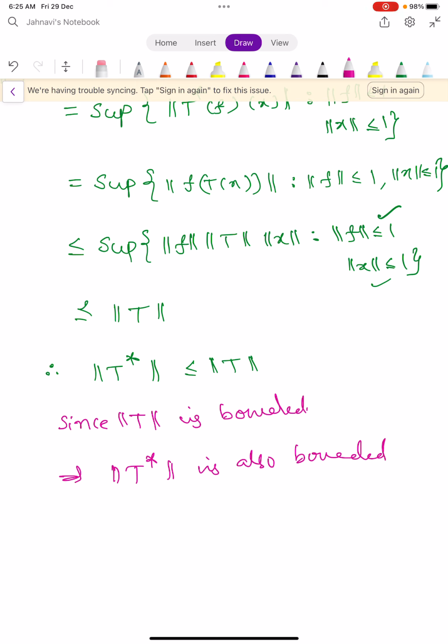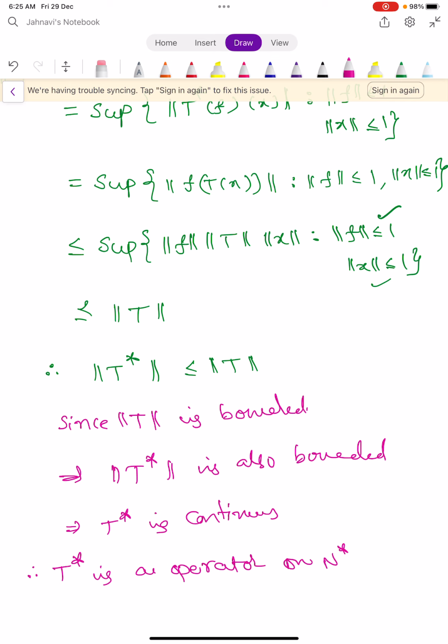If norm T star is bounded, then obviously T star is continuous, because every bounded linear transformation is continuous. Therefore, we conclude that T star is an operator defined on N star.